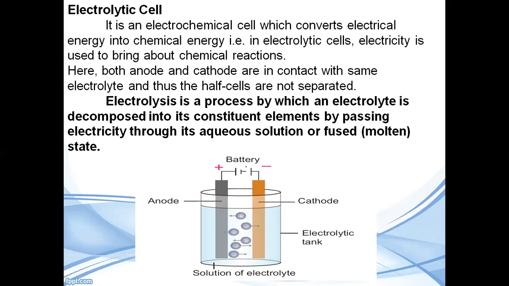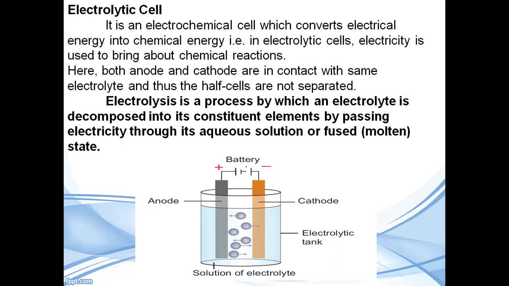The ions dissociate, and these ions undergo the redox reaction. This process is called electrolysis because we use electricity.